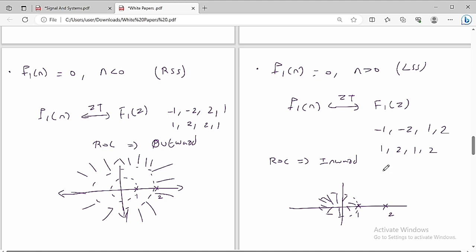So listen carefully. The ROC of the right sided signal starts from the highest magnitude of the pole. And the ROC of the left sided discrete time signal starts from the least magnitude of the pole.